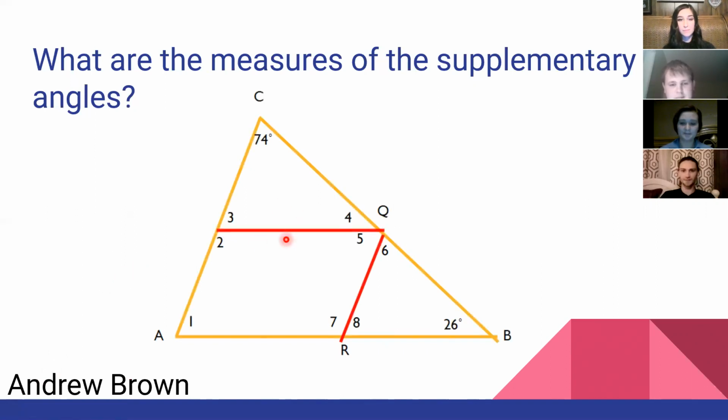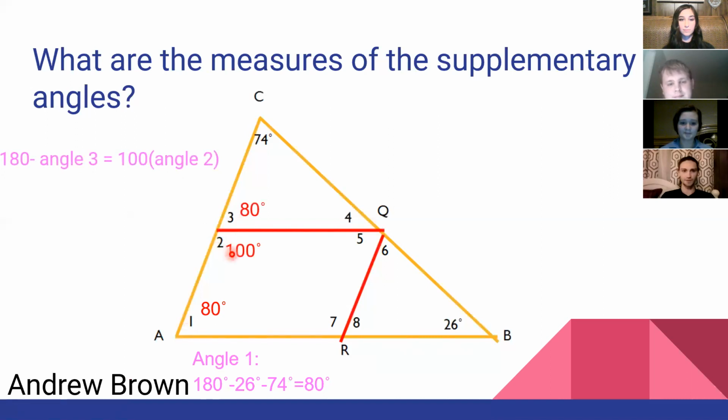And according to the angle sum in a triangle definition, the sum of measures of 3 interior angles of a triangle is 180 degrees. Therefore, we need to subtract 26 degrees and 74 from 180, and we get 80 right here for angle 1. Now that we know this, we can also solve for angle 3 right here. Since angle 3 is congruent to angle 1, this would make it 80 degrees as well.